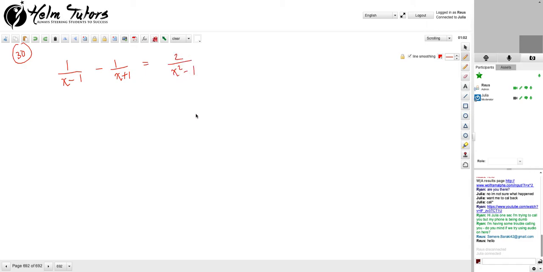Talk to me about how you do this one. x squared minus 1, or x minus 1 times x. So what should I do to get common denominators? Multiply. What should I multiply? Yeah, multiply this one by what?